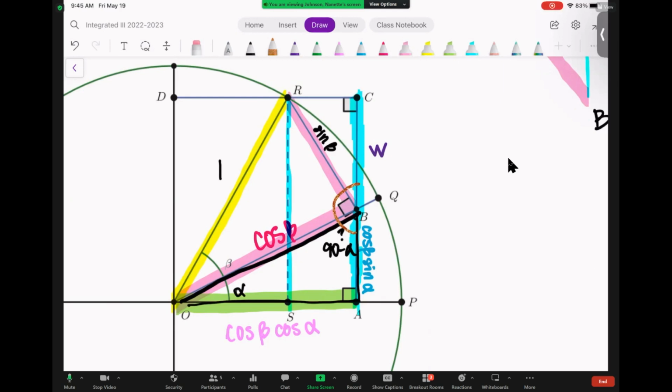So if this guy here is 90 minus alpha, that means this guy here has to be alpha, because alpha plus 90 minus alpha gives you 90, the rest of that 180. If you don't believe me, plug in some numbers and you'll see that this angle here is congruent to this angle here every single time.